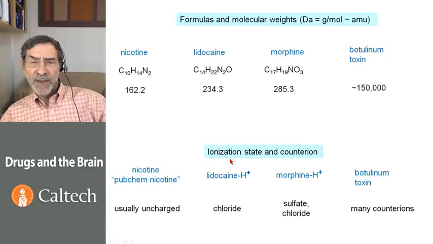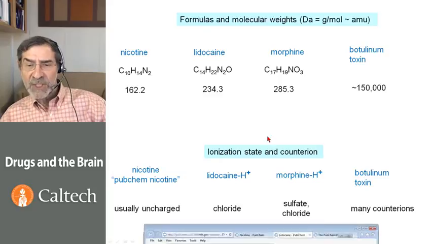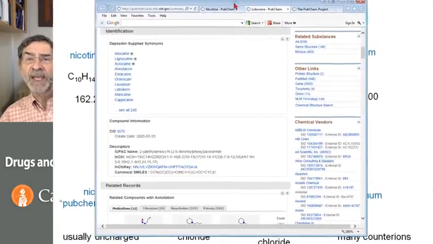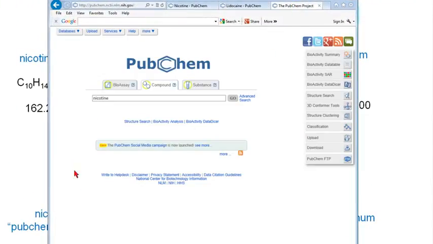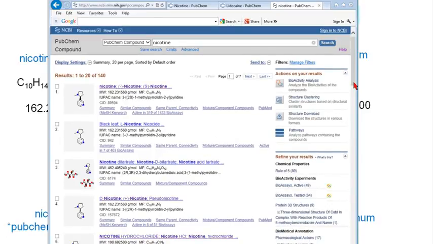Now, let's talk about ionization state and counterions for a moment. Probably the best way to talk about this is to go back to the PubChem database and type in nicotine, and we will find not one but several records for nicotine. Here is the one we were looking at previously today.